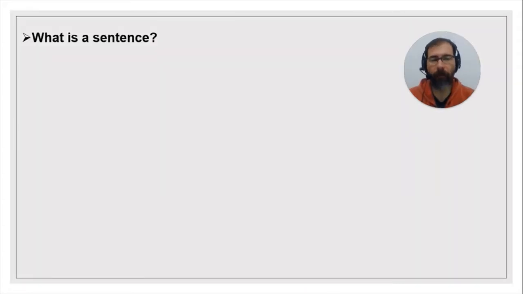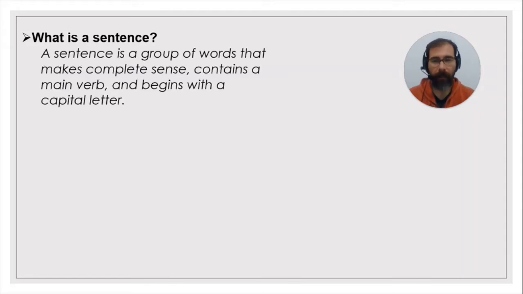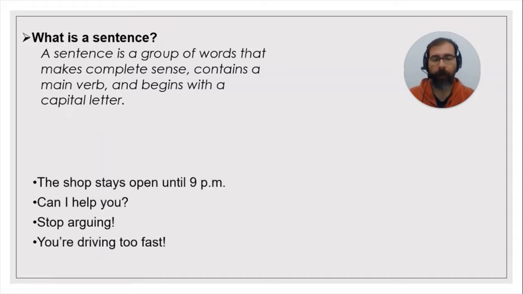First, we have to be able to answer this question. What's a sentence? A sentence is a group of words that makes complete sense, contains a main verb, and begins with a capital letter. Here we have some examples of sentences.